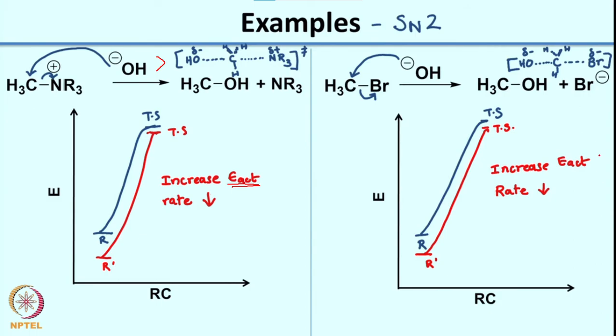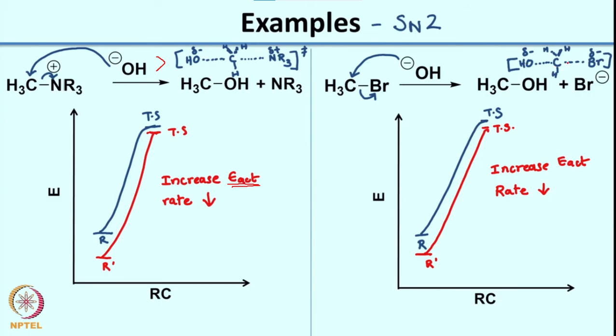Now in the second case, here again we have an SN2 type of reaction, but the difference is that here we have a neutral reactant, and here we have a charged species. But while talking about the intermediate, you can see it is again a dispersed charged species, right?